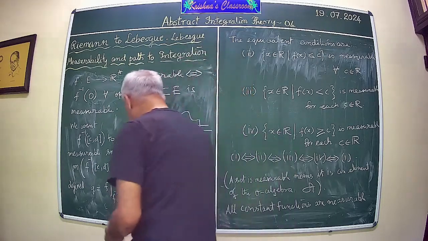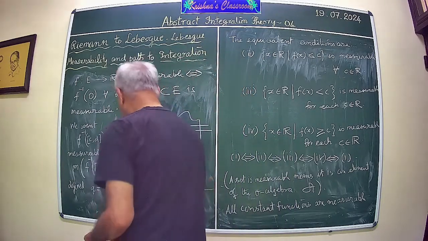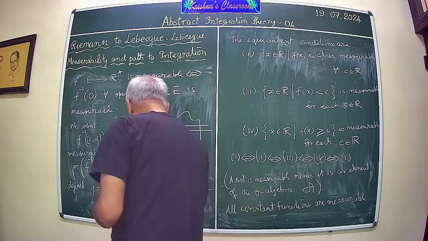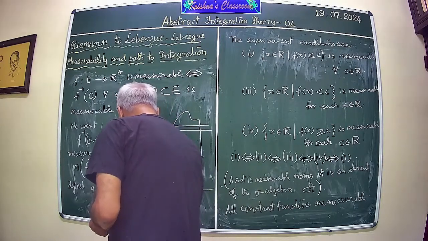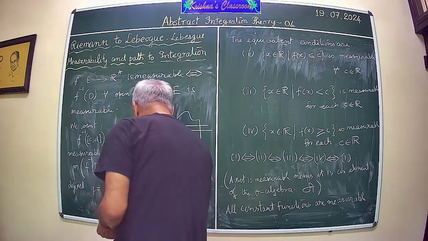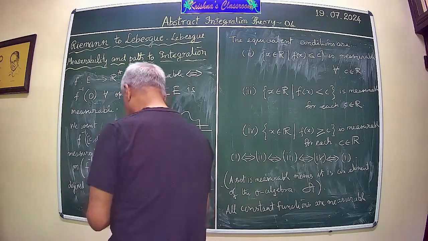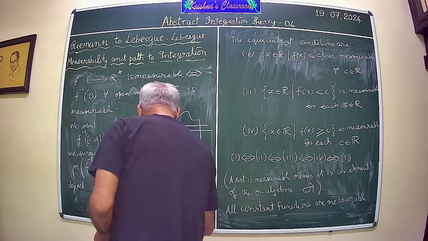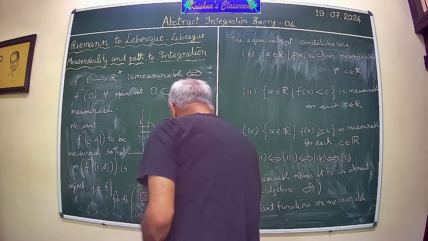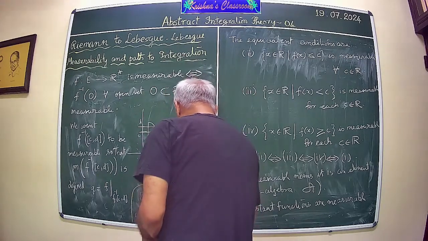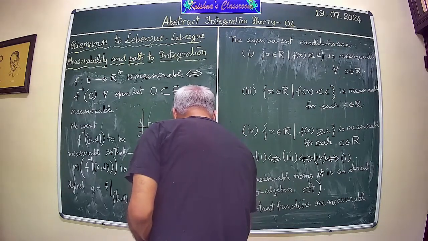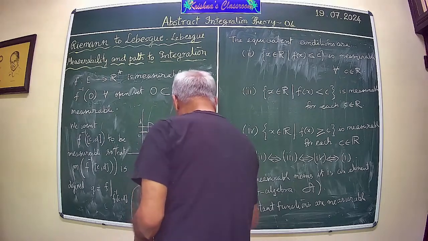This is actually equal to the height c into measure of f inverse of CD, less than or equal to integral of g, less than or equal to d into measure of f inverse of CD. This is what you get.